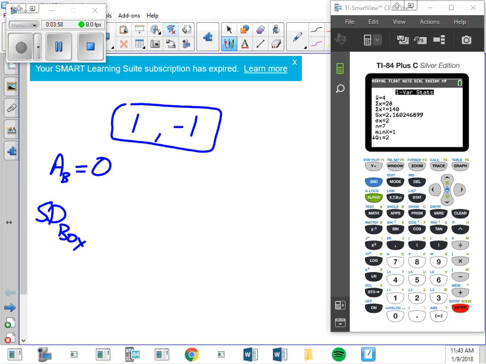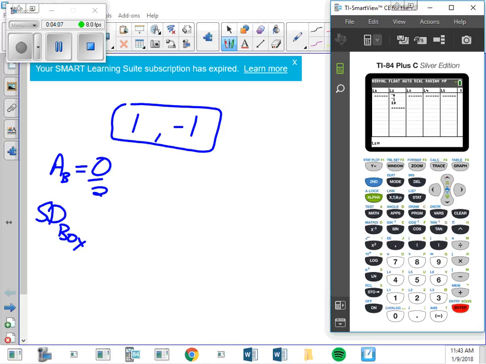So let's try it. Let's go into this, and I'm going to clear my list out, and I'm going to put 1 and -1, and then run my stat, and I get 1.